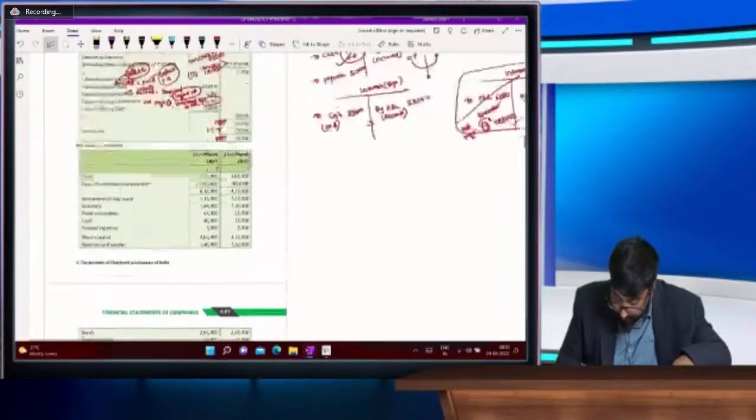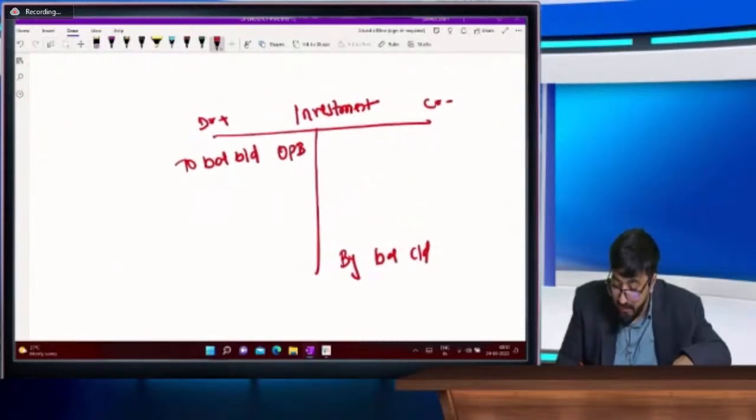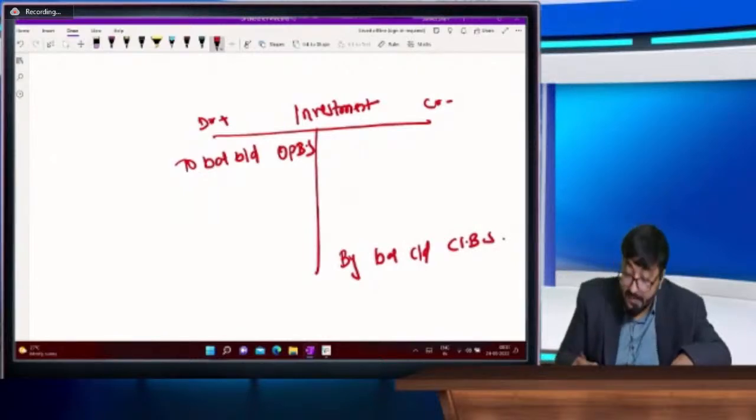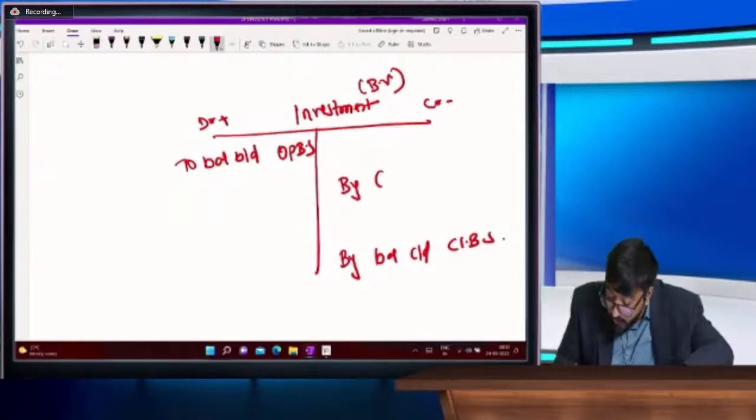From opening balance sheet, I will get this figure. From closing balance sheet, I will get this figure. See, investment is always at book value. If I sold investment, this is at selling price.